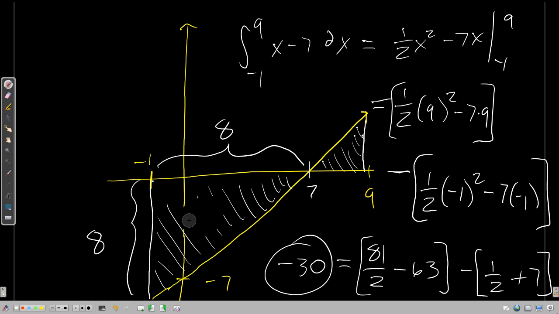But it's below the x-axis, so negative. The area of this other piece is just going to be 2. This distance here is 2. It's half of a 2 by 2 square, so it's half of 4, which is 2. Add those up, you get negative 30.